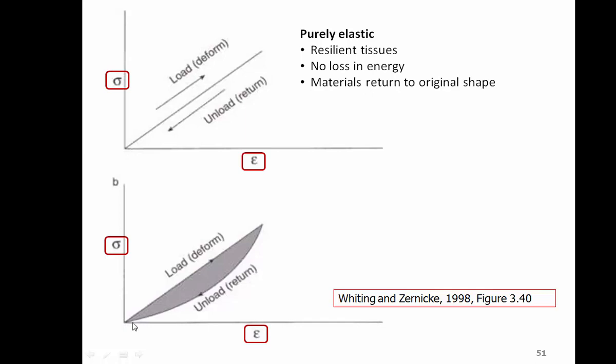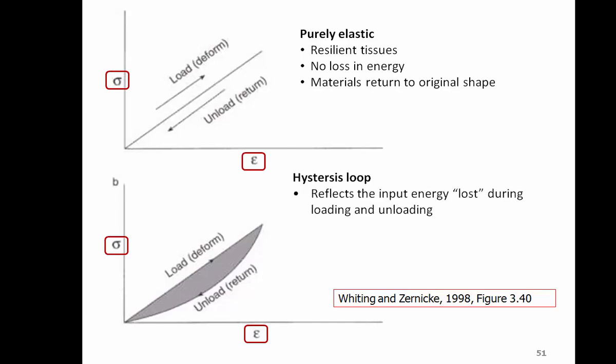Eventually, that tissue will return back to its original length, but there's a loss in that energy described as the hysteresis loop. The gray shaded area here represents that energy that is quote-unquote lost during the loading and unloading.